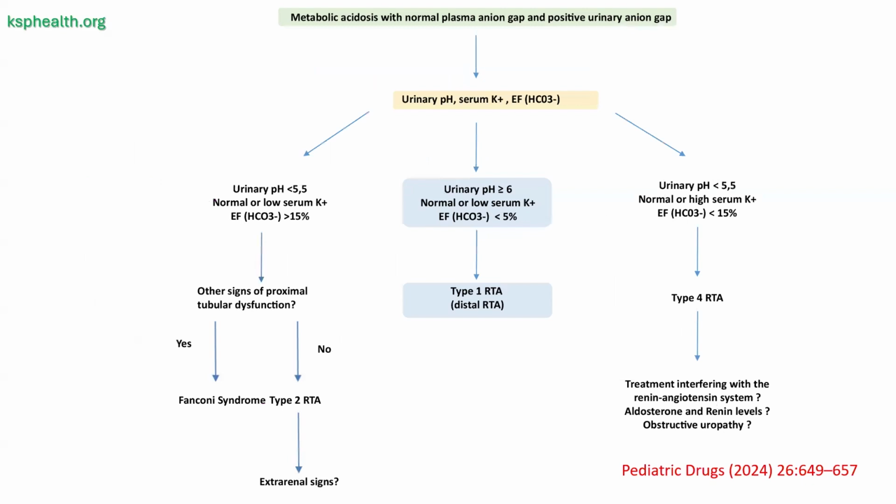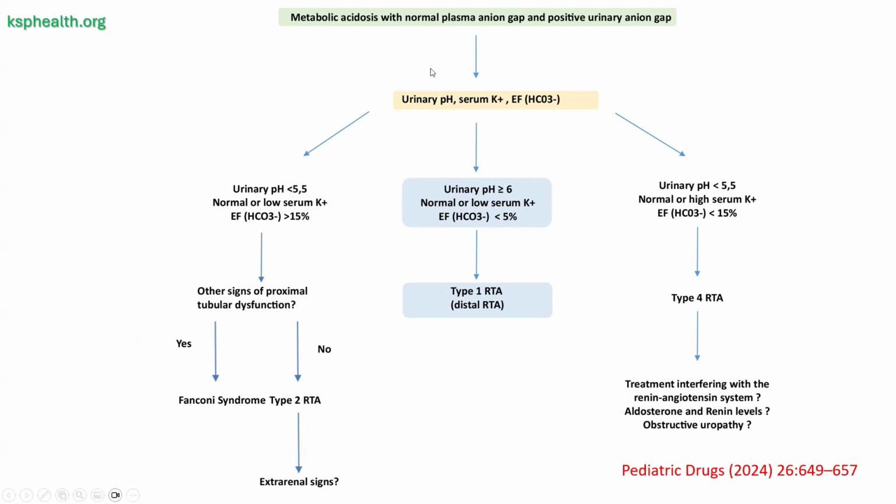So when the patient presents with metabolic acidosis with normal anion gap and positive urinary anion gap, if you can measure it, if you have the mechanism to do it, not lots of institutions have it. The serum anion gap automatically comes out of the metabolic panel.